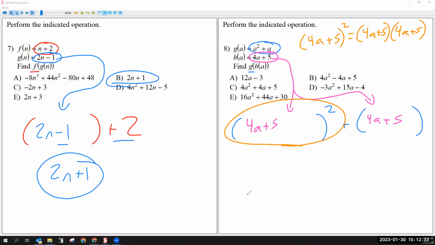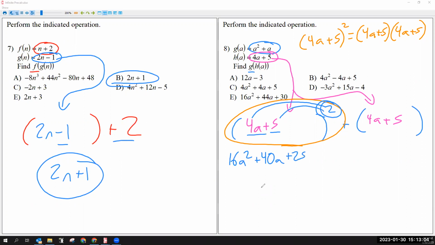So you can use your box, you can distribute, but either way, you need to get 3 terms when you finish multiplying. I had mentioned our shortcut is I can square the first one. Well, that's 16a squared. But then I need to say 2 times 5 times 4a. Well, 2 times 5 is 10, times 4a is plus 40a. And then I can square the last one, plus 25.